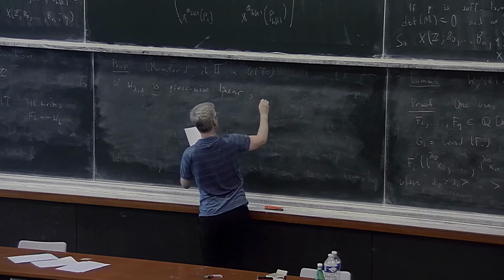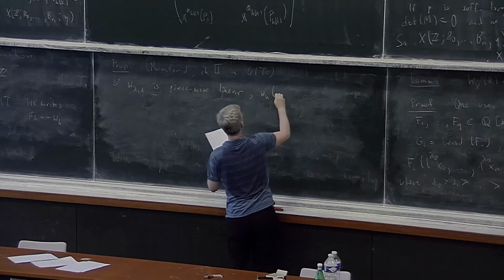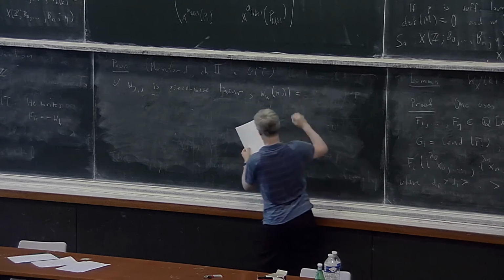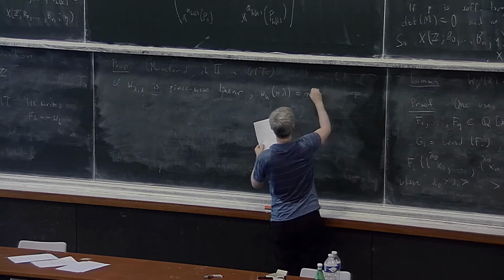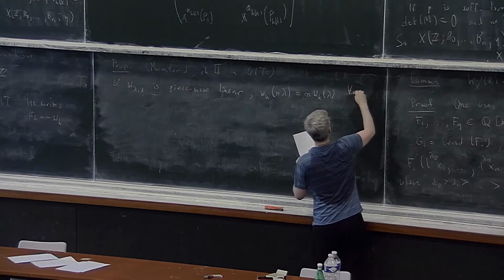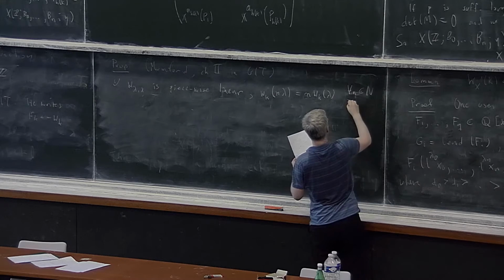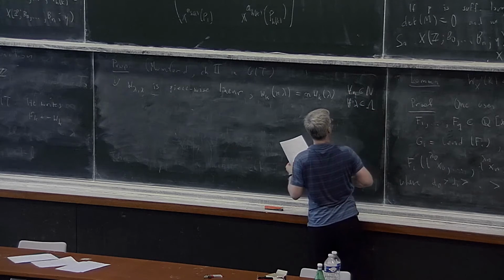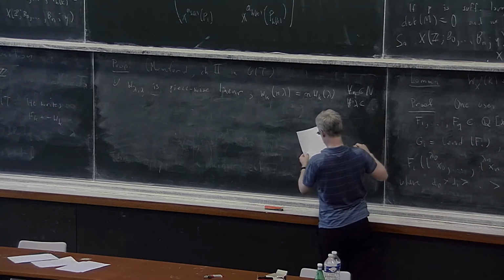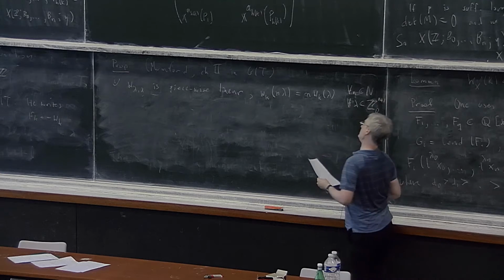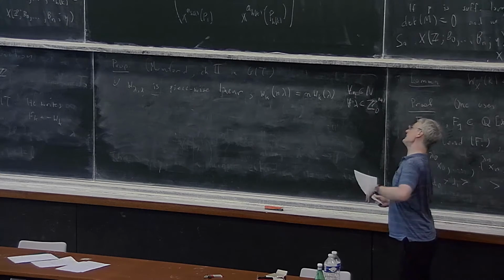You also have that the weight of λ, if you multiply by a positive number, is linear in this sense, for all n and all such weights λ in Z^(n+1).